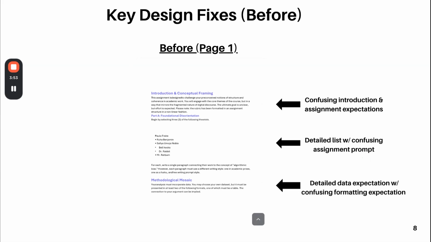Before redesigning, several issues stood out. On page 1, the introduction and expectations were confusing, and the assignment prompt lacked clarity. On page 2, the grading system was vague and difficult to interpret.